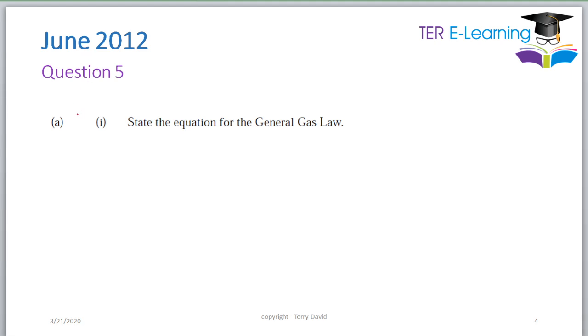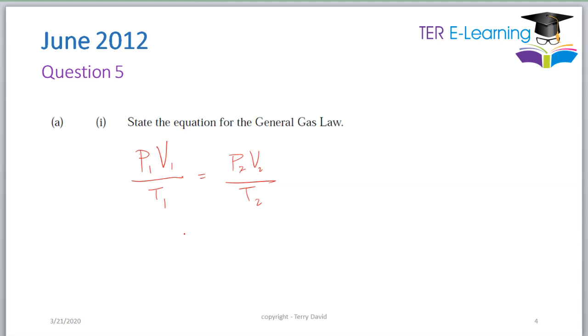We have Charles' law, we have Boyle's law, and the pressure law. Each of these laws can be combined to form one general law, which you call the general gas law, and it's written like this. It is P1 V1 over T1, which is equal to P2 V2 over T2. That is the formula for the general gas law.